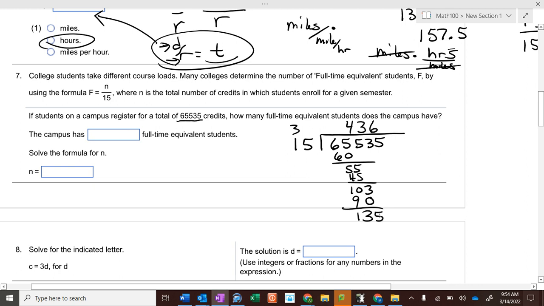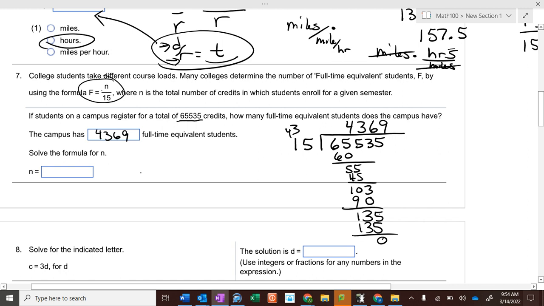How many times does 15 go into 135? Probably 9. 9 times 5 is 45. Carry the 4. 9 times 1 is 9 plus 4 is 13. Hey, we got it. So 4369 full-time equivalent students.